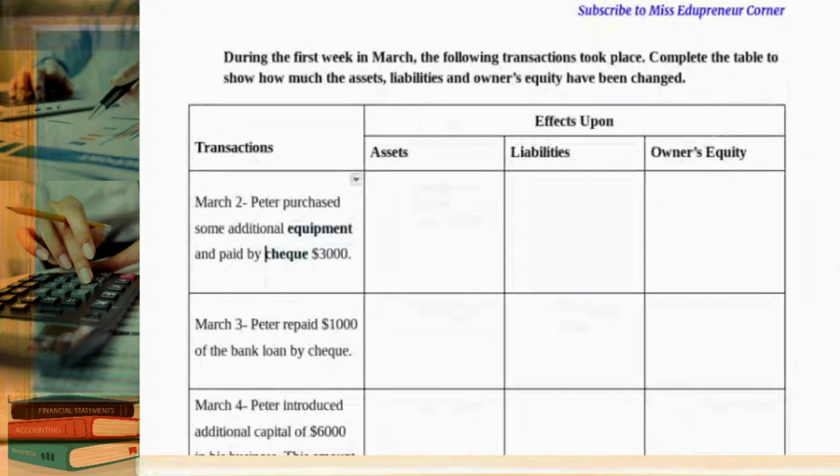If Peter purchased some additional equipment, this means that equipment would be increasing in the business. Hence, equipment is an asset. So we need to come to the asset section of the table. We're going to place a small plus to show that equipment is increasing and then by how much. So plus equipment, $3,000.